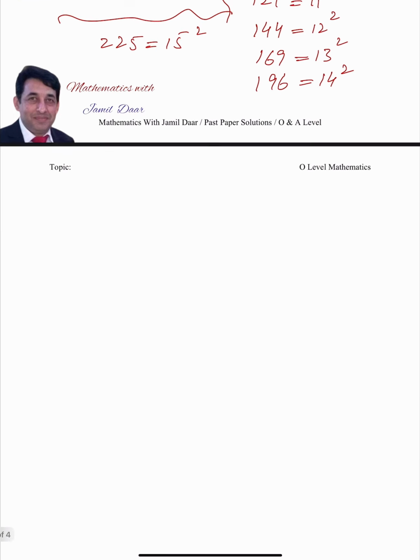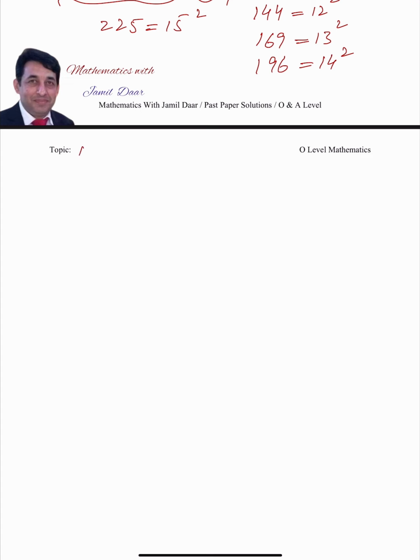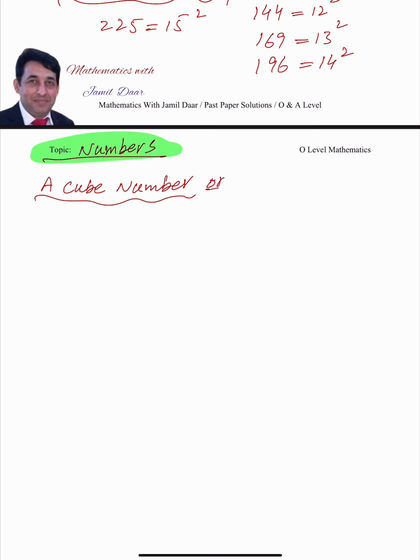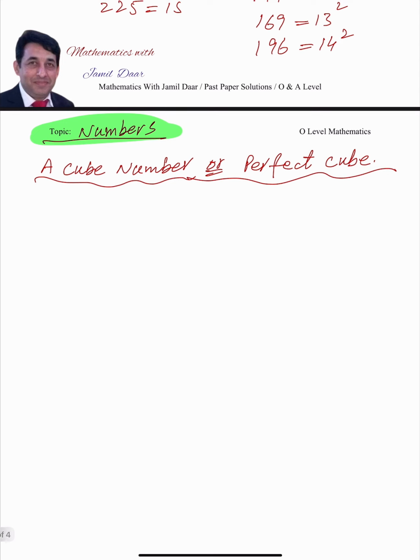Okay, what are the cube numbers? A cube number or a perfect cube, and this is the 11th type.